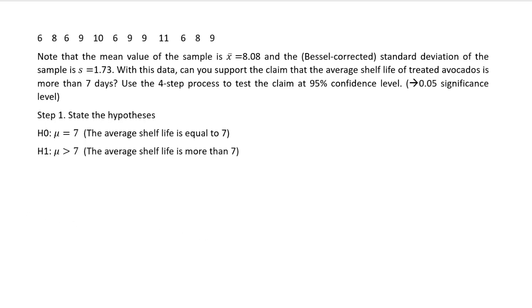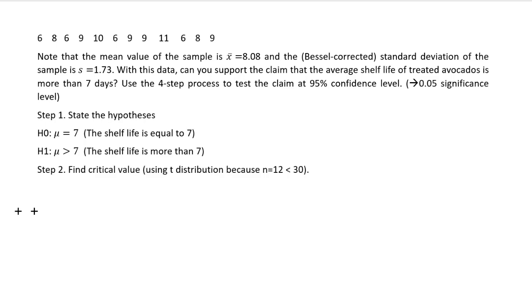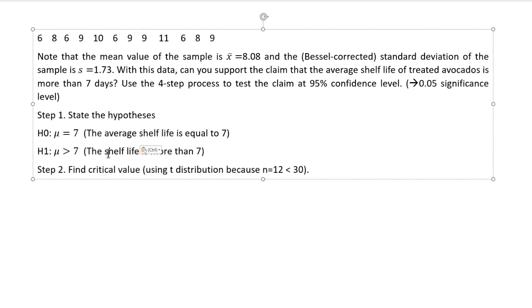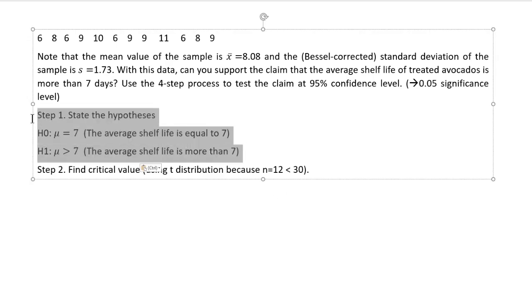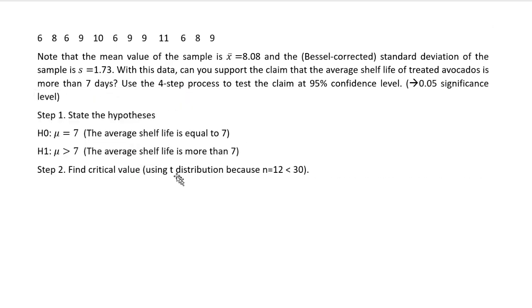Okay, so now let's move on to step 2. In step 2, so let's put that in there. We have to find the critical value using t-distribution. And the reason we have to use the t-distribution is because the sample size is less than 30. We have 12 avocados, right? So it's less than 30.